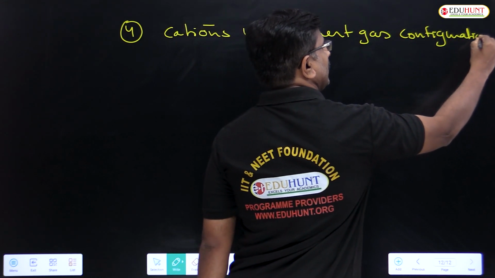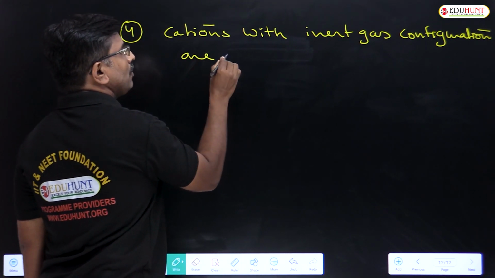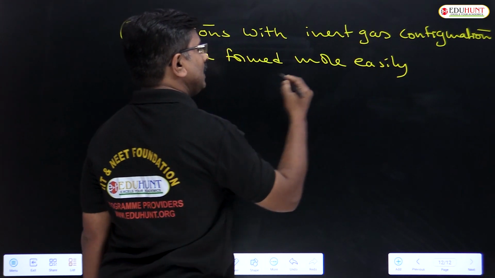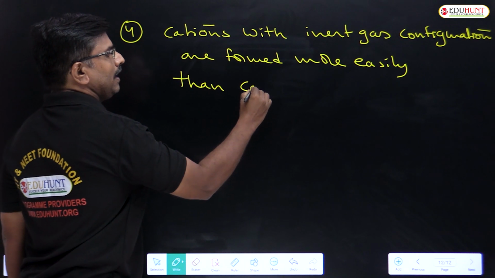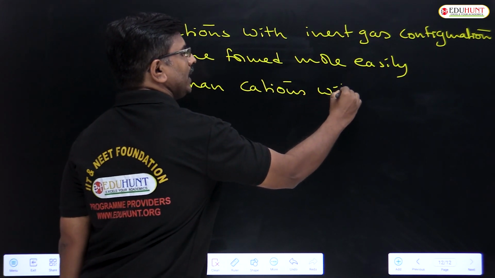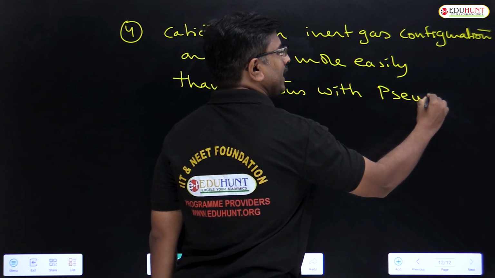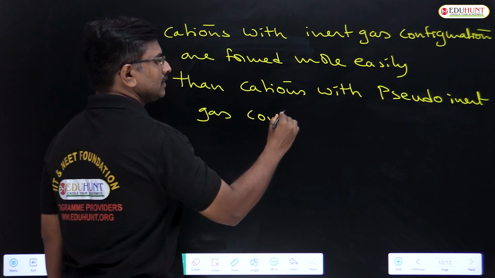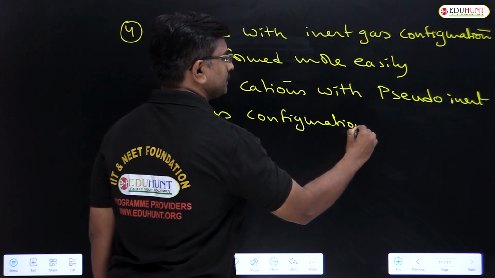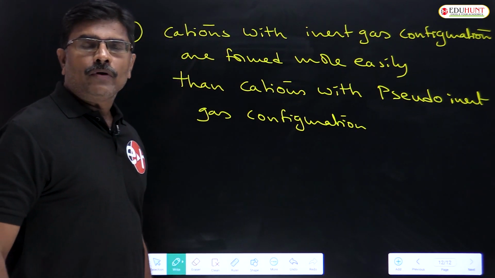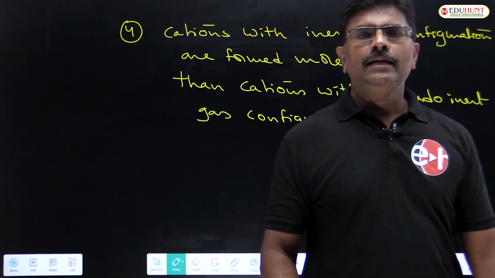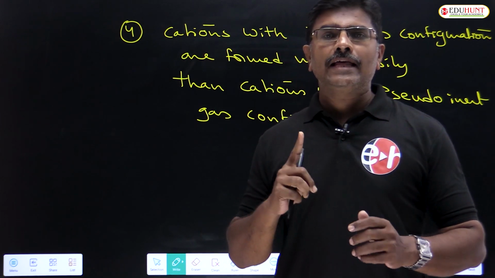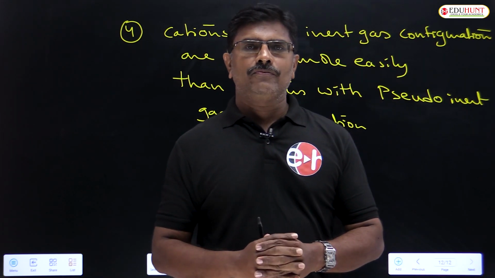Cations with inert gas configuration are formed more easily than cations with pseudo inert gas configuration. So what is our fourth factor? It says that cations with inert gas configuration are formed very easily compared to cations with pseudo inert gas configuration.